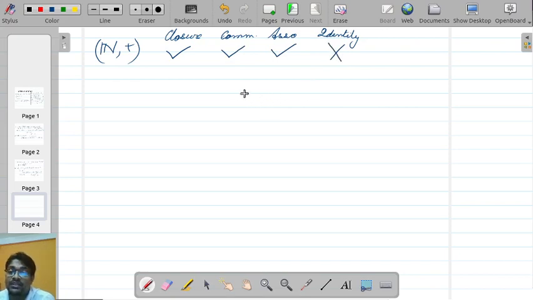There does not exist any identity element. But if you consider Z with respect to addition, it satisfies closure, commutative, associative properties, and it also satisfies the existence of identity. So you see there are differences between these two sets. The sets are not the same.